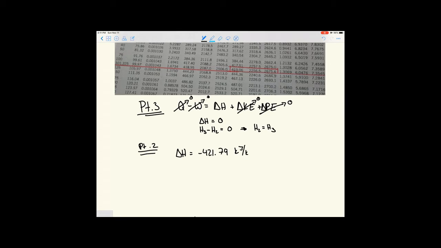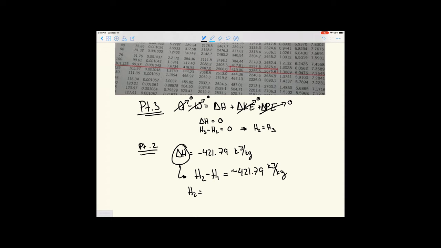Knowing that this is at point 2, we know that this change of enthalpy is actually the enthalpy at point 2 minus the enthalpy at point 1, which is equal to negative 421.79 kilojoules per kilogram. I made a mistake here, that should be the enthalpy at point 1.